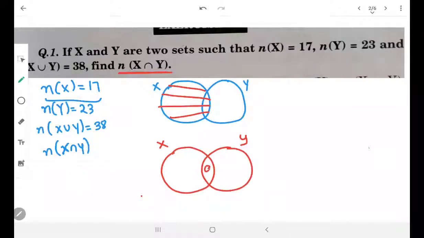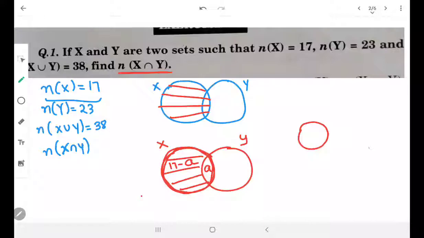Suppose this is a, so there are a elements in it, and this whole circle totals 17. So how many will be in this part? 17 minus a. Did you understand?